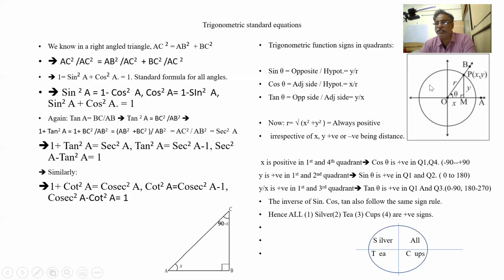So cos is negative, tan is plus by minus, negative, and accordingly the others. In the third quadrant, both are negative. Sin is negative because y is negative, cos is also negative, but tan is negative by negative, positive. So all silver tea cups: all, sin, tan, cos. So these are the positive and negative signs of the system.